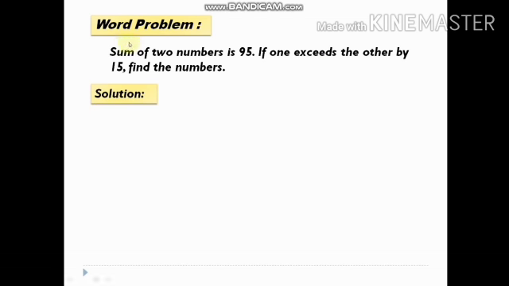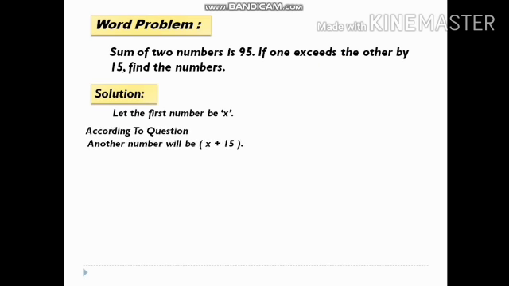As in this question given, there are two numbers and the sum of two numbers is 95 and one number exceeds the other by 15. So what will be the first step? First we will suppose the first number be x. Then what will be the another number? According to this question, another number will exceed the other by 15.